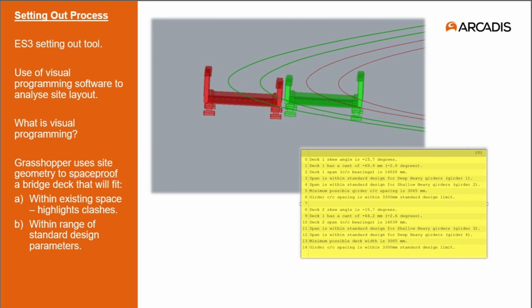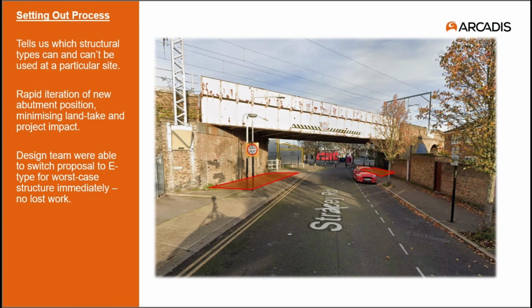The benefit of this tool is that it also highlights if a bridge has to go beyond the range of the standard design parameters in order to work, in which case we know from the outset that we would have to carry out a bespoke design development later on in the project. Now, all of the information this tool gives us allows us to quickly determine which structural types can and can't be used at a particular site, and to rule them immediately out of option developments at a later stage, saving us valuable project time.